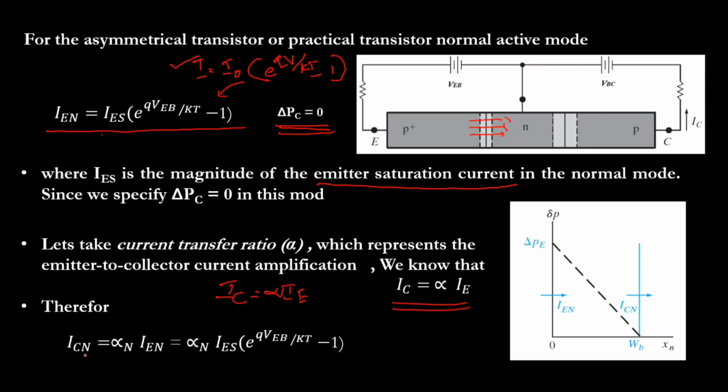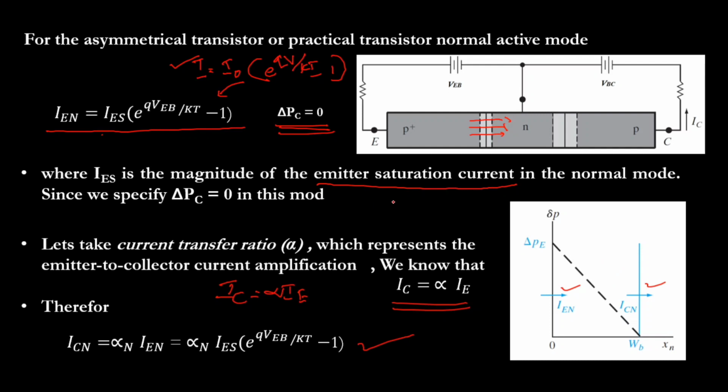ICN is equal to alpha N, where alpha N means the current transfer ratio in normal mode, into the emitter current. So I just substituted the expression. I am getting ICN is equal to alpha N IES into e to the power QVEB by KT minus 1. So don't confuse these two expressions we got: the IEN expression and the ICN expression.